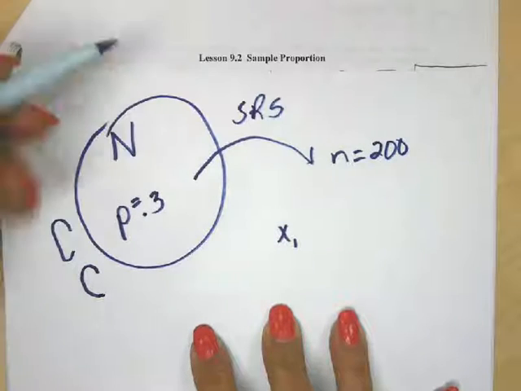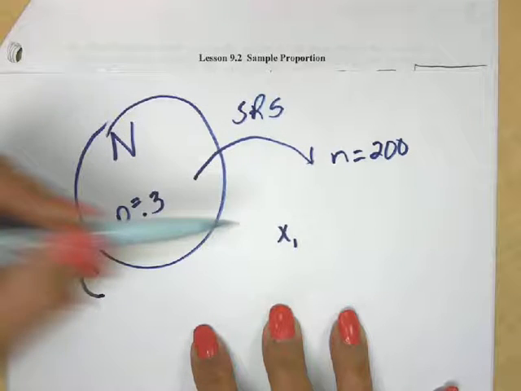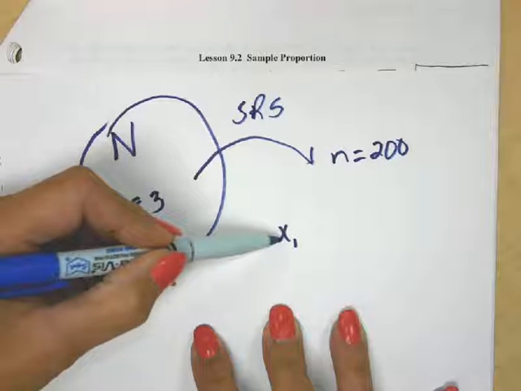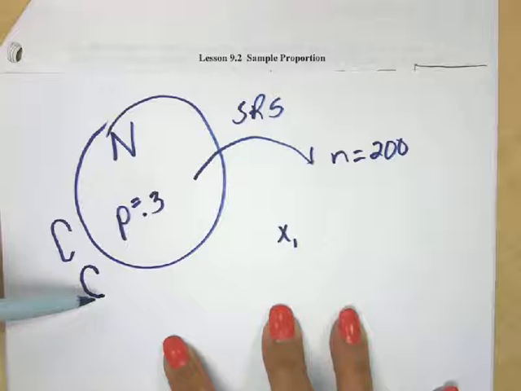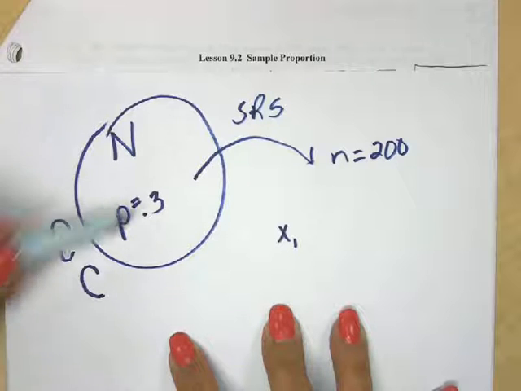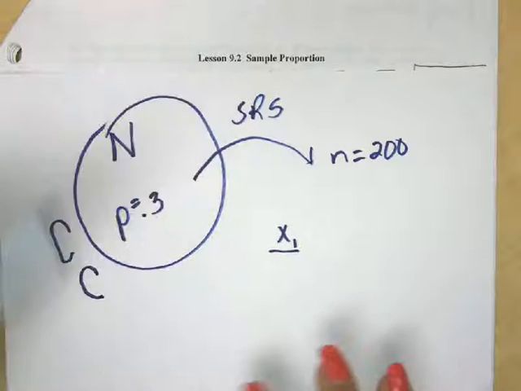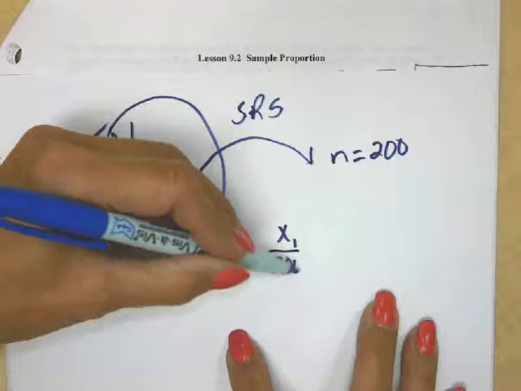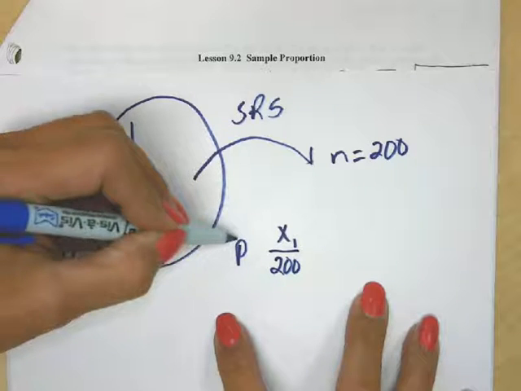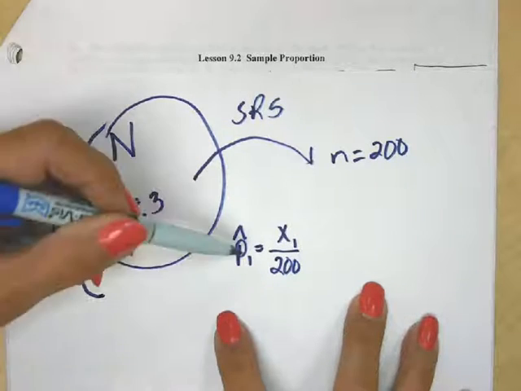I count how many of those 200 people have attached earlobes, and if I divide that by 200, that would give me what we will call a p-hat. That would be a sample proportion.